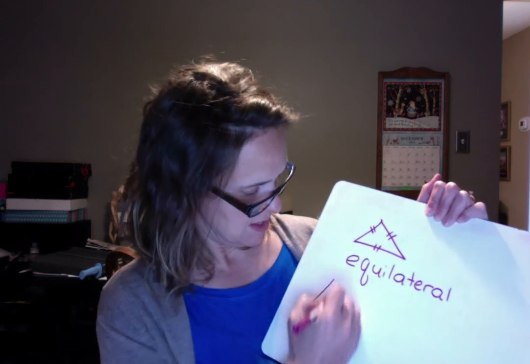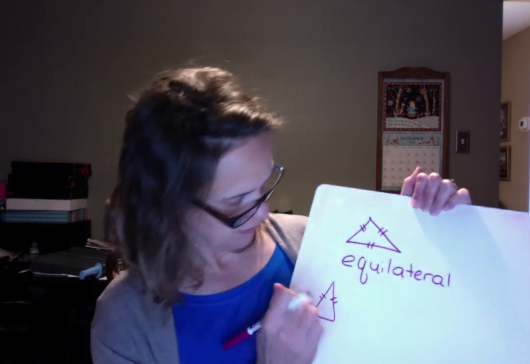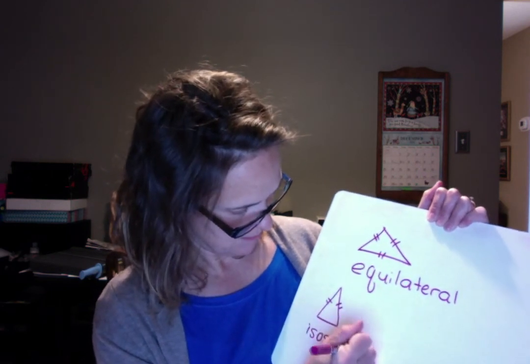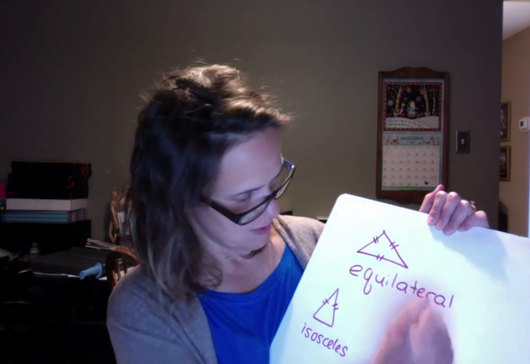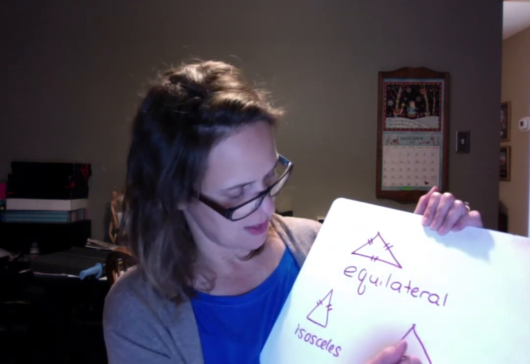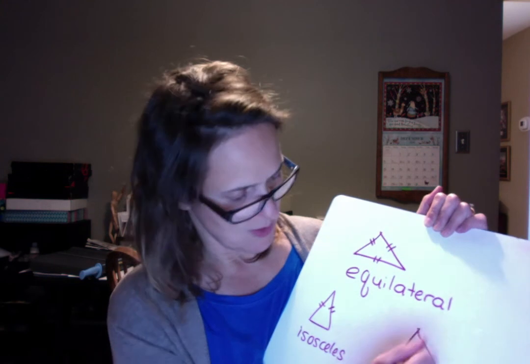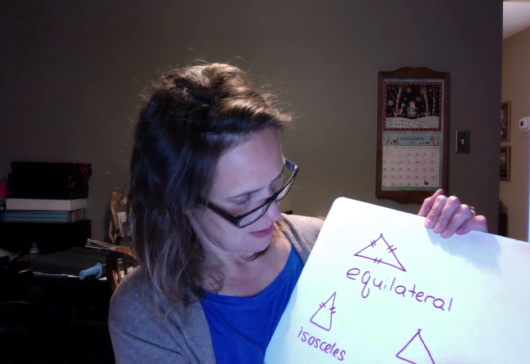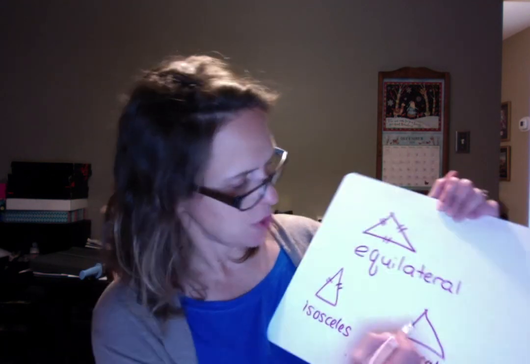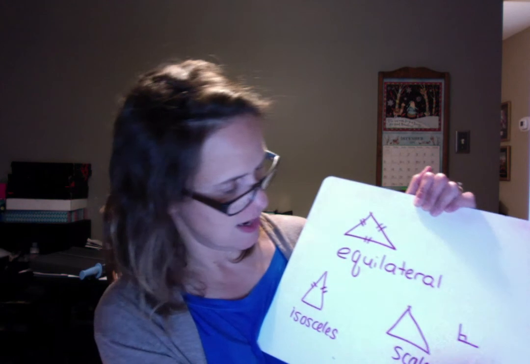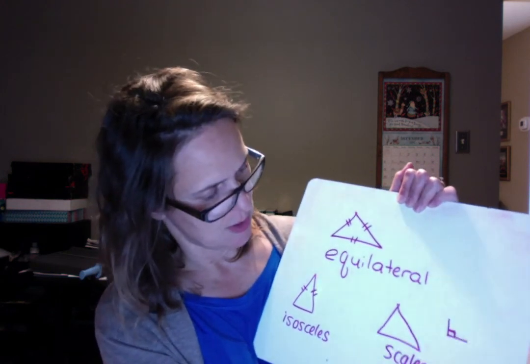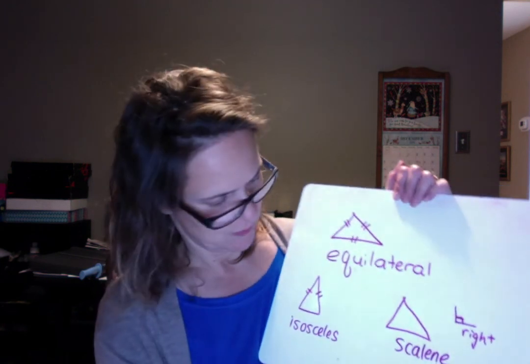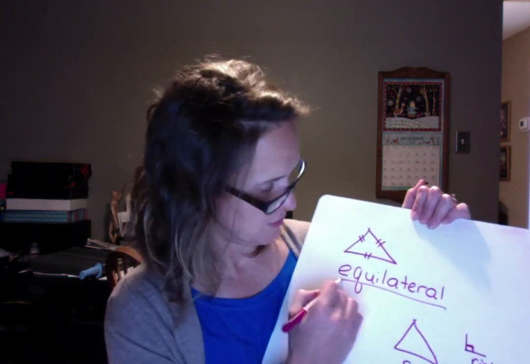If you see this, it looks like 2 equal signs on just 2 sides, you would write isosceles. And then if you saw something like this, where there's nothing equal, there are no equal signs on there, that would be the scalene triangle. Now you will see some that have that little right angle mark. You can write right angle if you want to, but you don't have to. I'm most concerned if you understand these.